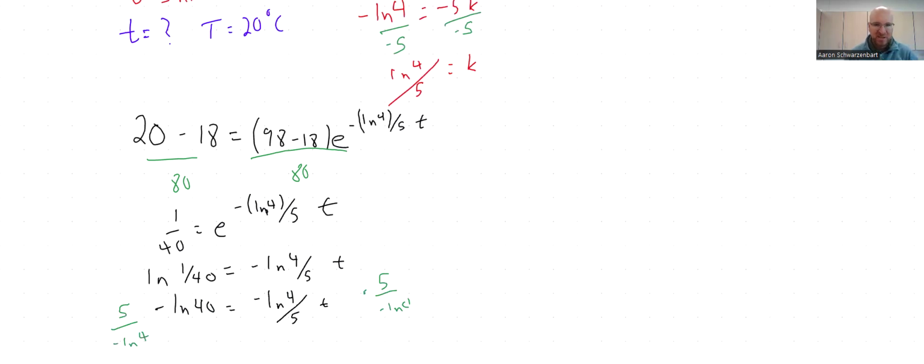The negatives are going to cancel out and make that a very nice 4. Let's make that neater. And the negatives cancel out, and I get 5 ln 40 over ln 4 equals t. And that, when you stick it into a calculator, is 13.3 minutes.